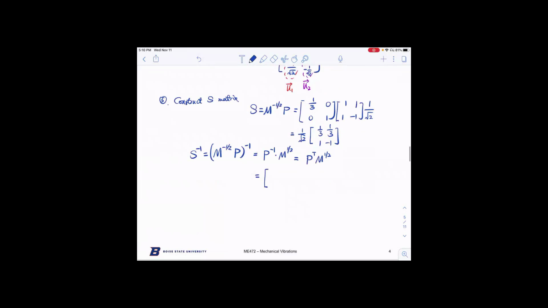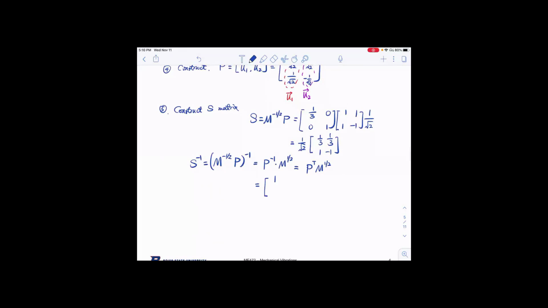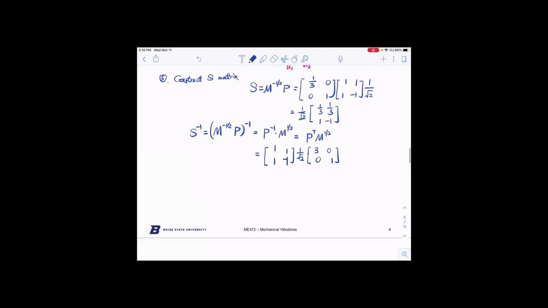P transpose is [1, -1; 1, 1] times 1 over square root of 2. Because your P in this case is symmetric, P transpose is itself. So you multiply it by M square root. It's just [3, 1; 0, 0]. And then you can write these out as 1 over square root of 2 times [3, 3; 1, -1].